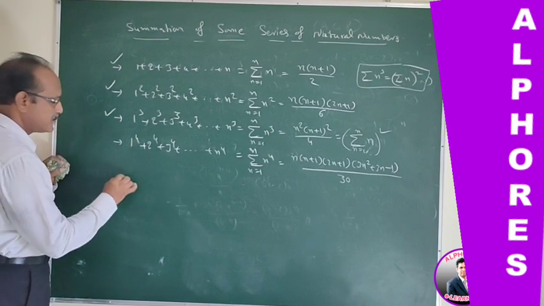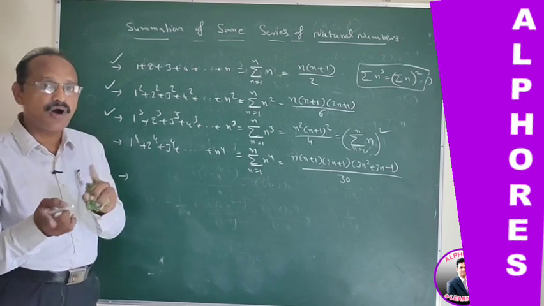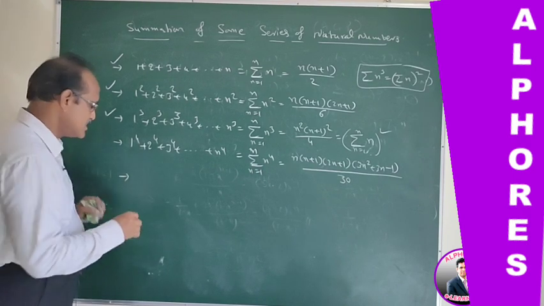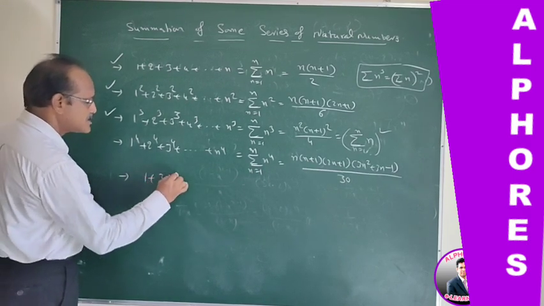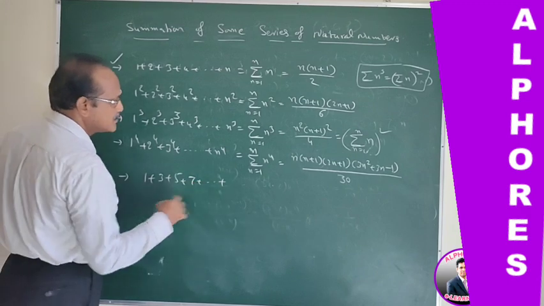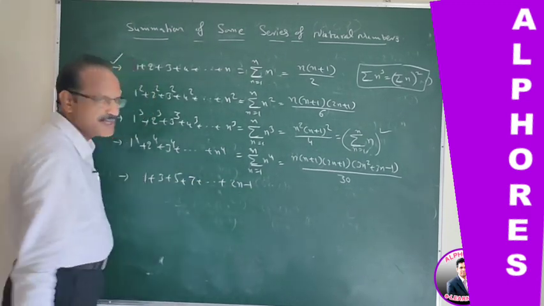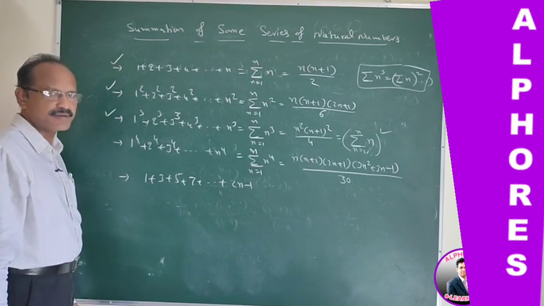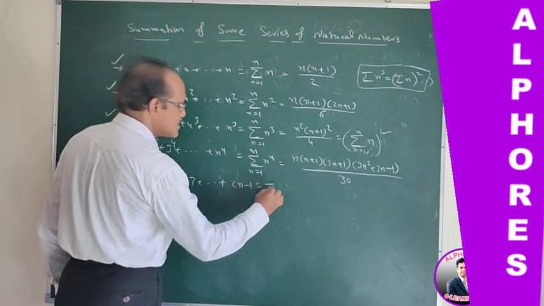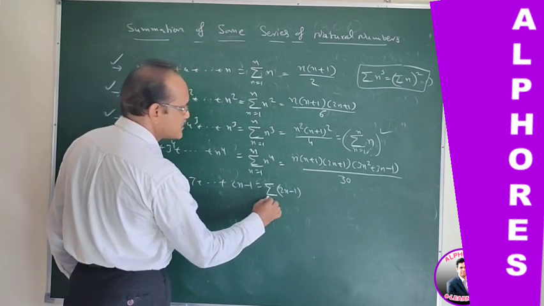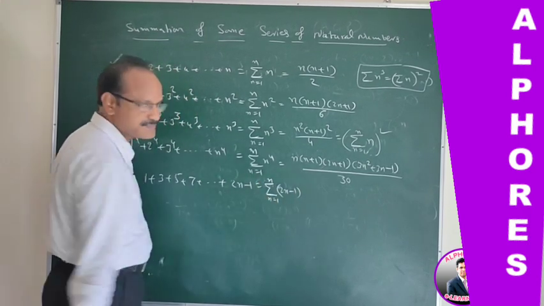Now coming to sum to first n odd natural numbers and sum to first n even natural numbers. Suppose 1 plus 3 plus 5 plus 7 plus so on. You know, these are the odd natural numbers. The general form of odd natural numbers is 2n minus 1, where n is a natural number. So the sum of these odd natural numbers is given by sigma of 2n minus 1, where n is equal to 1 to n.